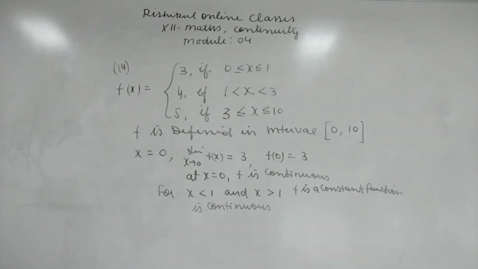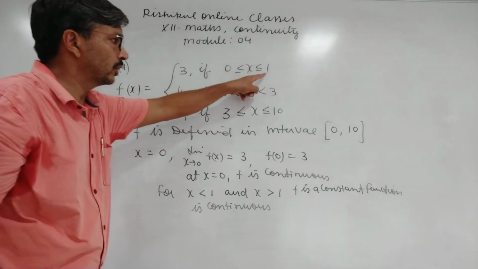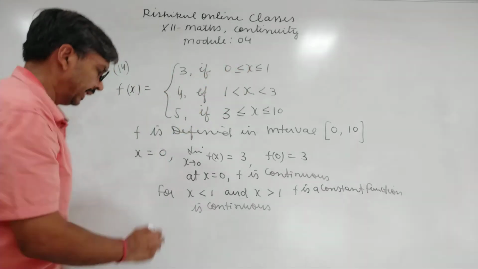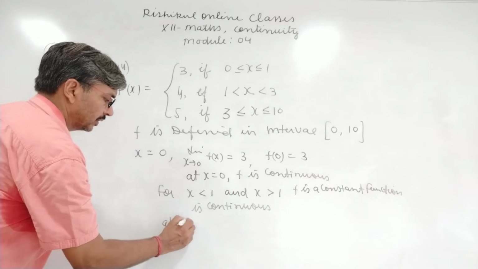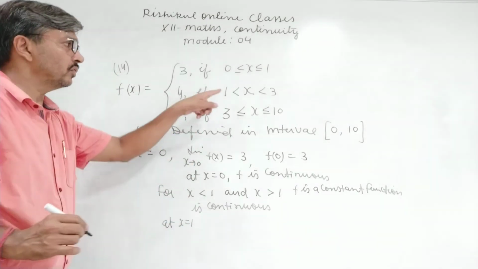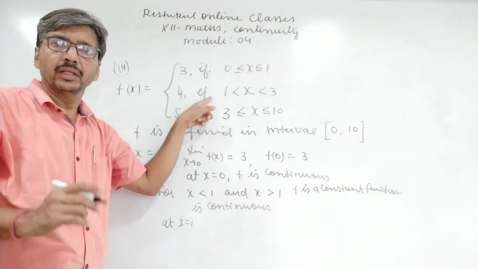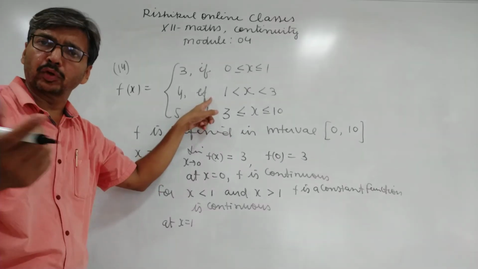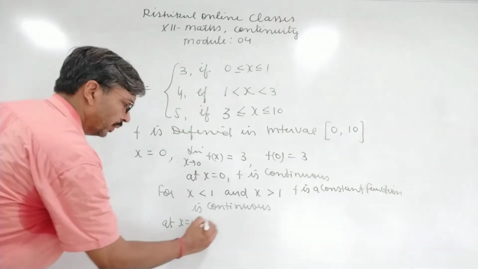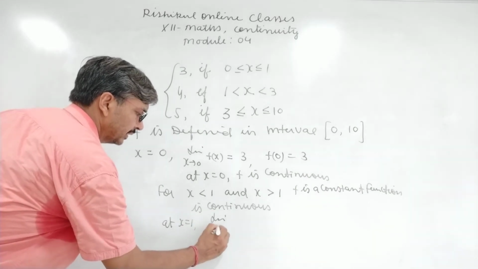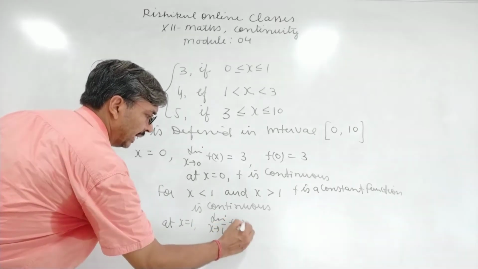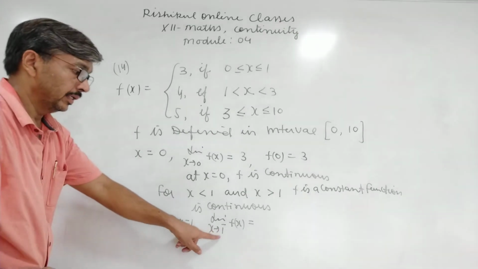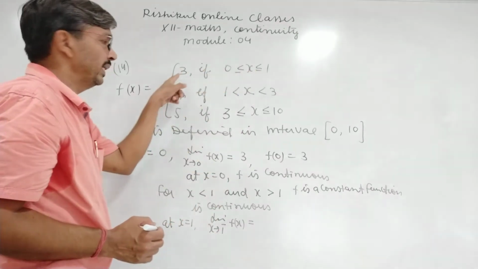Now we will see x equal to 1, because here 1 is the breaking point. So we will check whether left hand limit and right hand limit are same or not. So at x equal to 1, limit x tends to 1, f(x), left limit. Left limit means x less than 1, value 3.